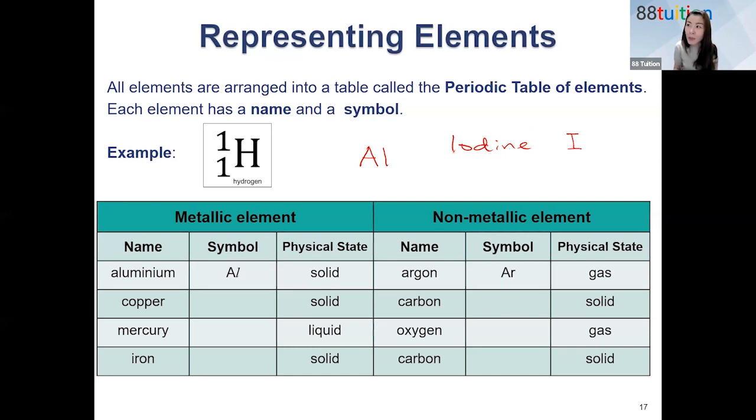Normally, we just write capital I like that, right? Now take note, if I do not write the aluminium like this, the small letter L might look like capital I. So we try to make it that way. Another good example will be chlorine. Chlorine is represented by Cl, so we are going to write Cl like this.